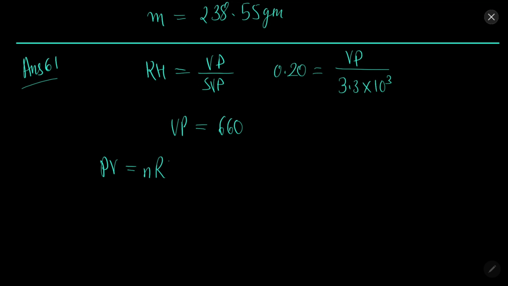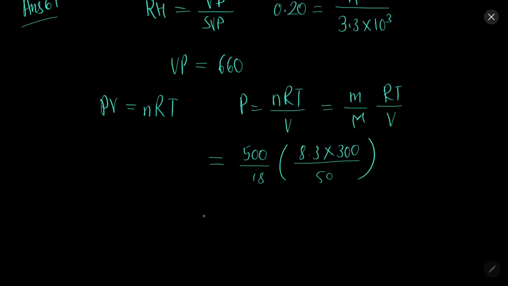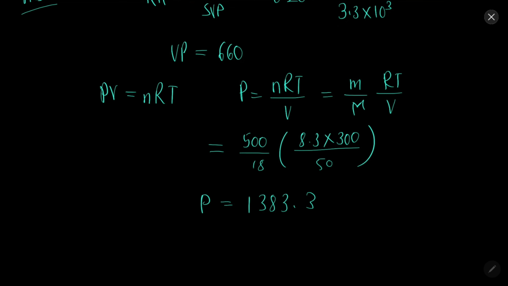PV equals nRT, P equals nRT by V, M by M RT by V. 500 over 18, 8.3 into 300 over 50. So pressure will be 1383.3.